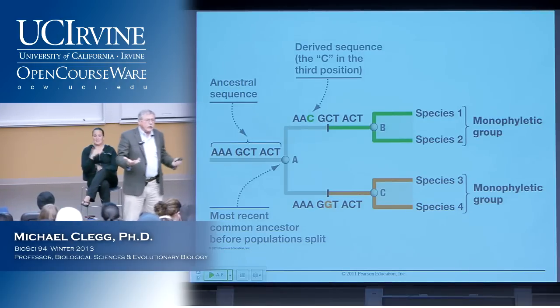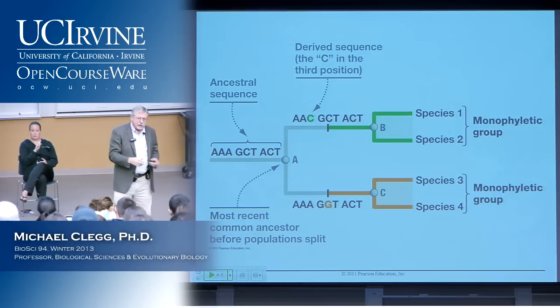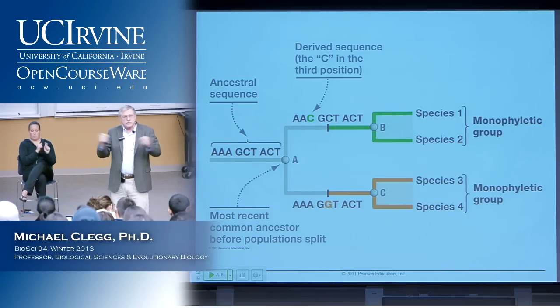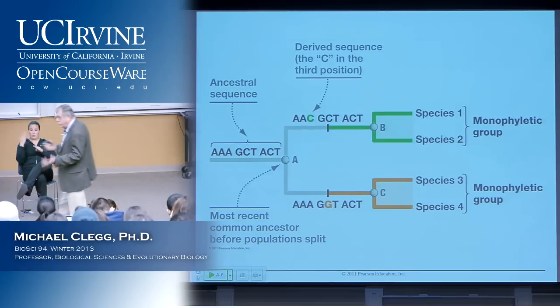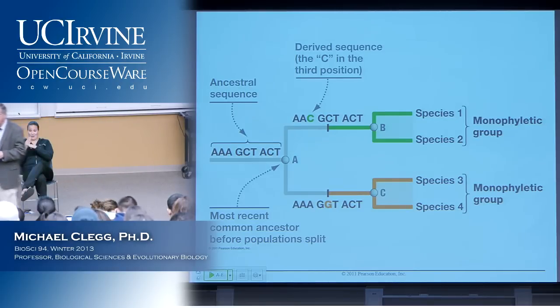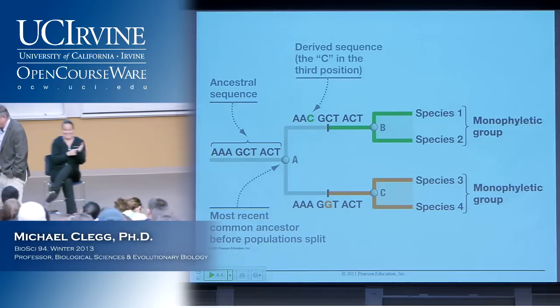Now, it's not done for just one trait or one mutation like this. It's done for lots of mutations, and you take the results which have the highest number of shared derived characters, or synapomorphies, as representing those which derive from a common ancestor.